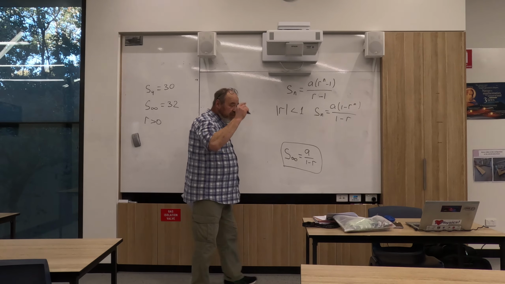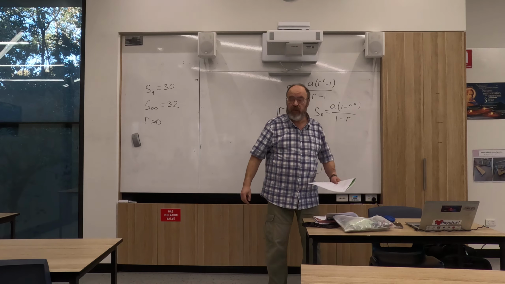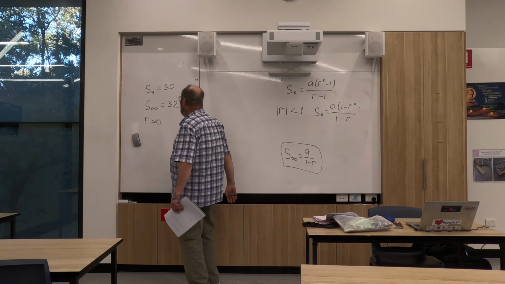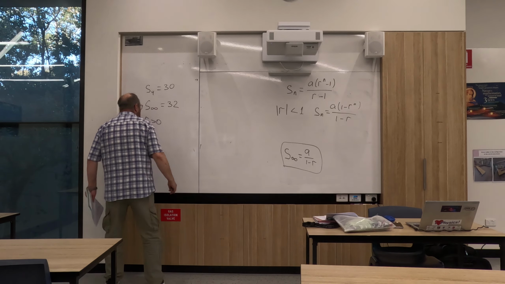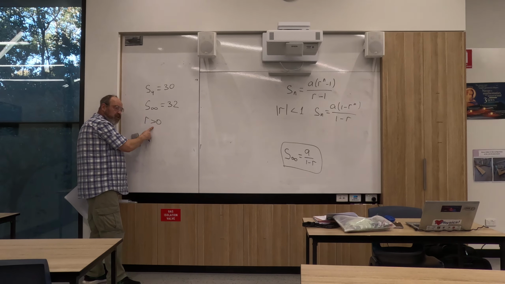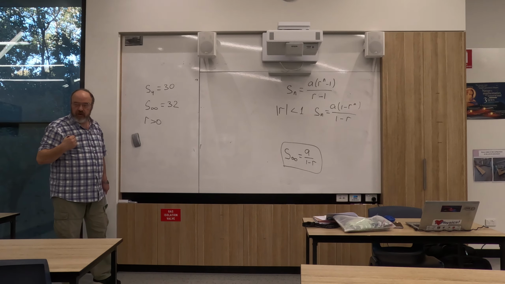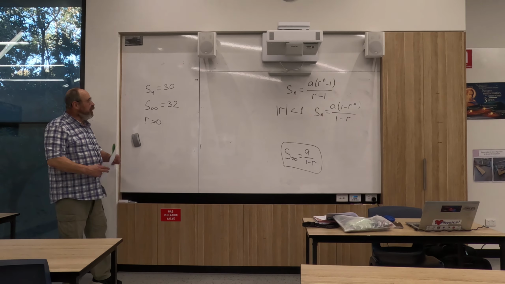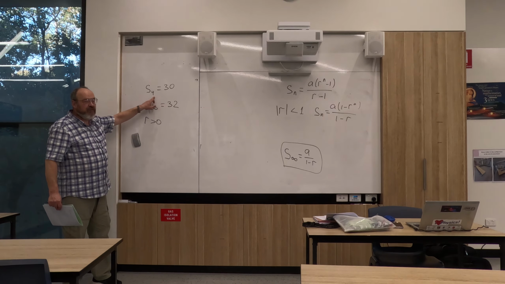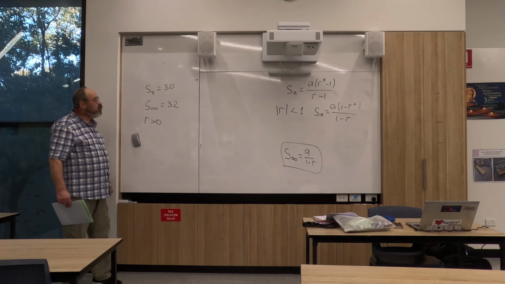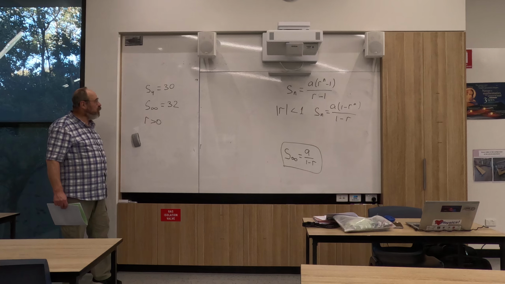How will we do that? Let's use the formula for the sum of the first 4 terms. But the formula for the sum to infinity is only for r less than 1. As you can see, r is greater than 0, but we can make another conclusion that it is less than 1, because otherwise the sum to infinity 32 would not exist. So r is less than 1.